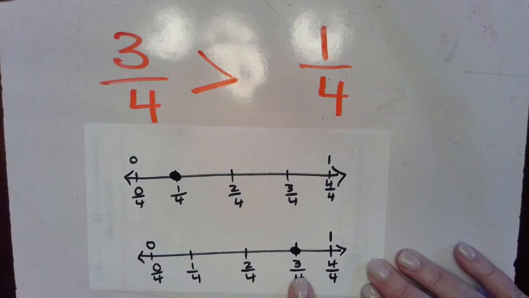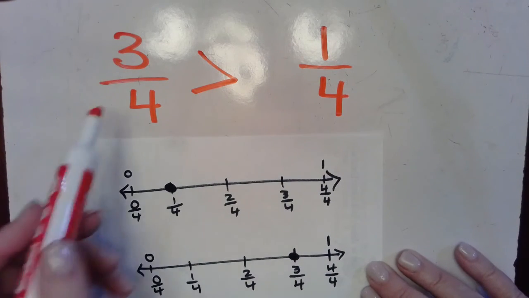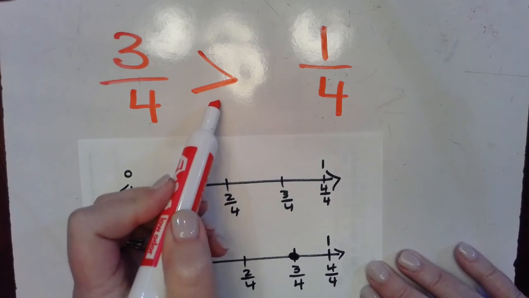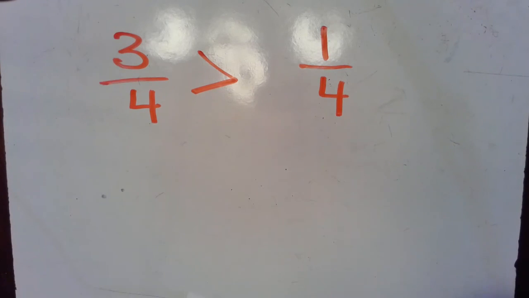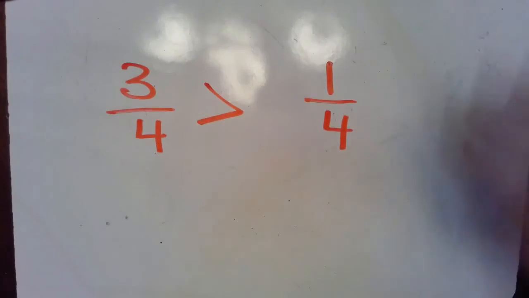We can see here that 3/4 is much closer to one whole. It's only 1/4 away from being a whole. So 3/4 is greater than 1/4. So when you are comparing fractions in third grade, make sure you are utilizing fractions that have common numerators and common denominators.